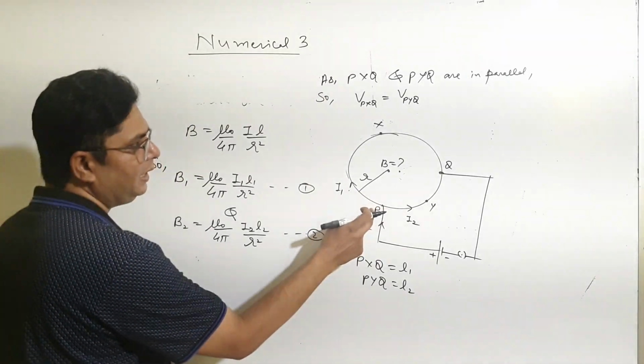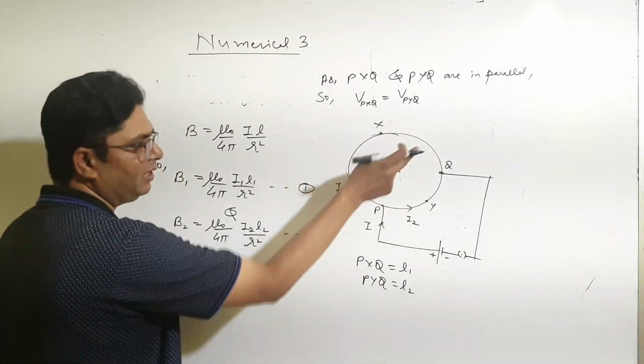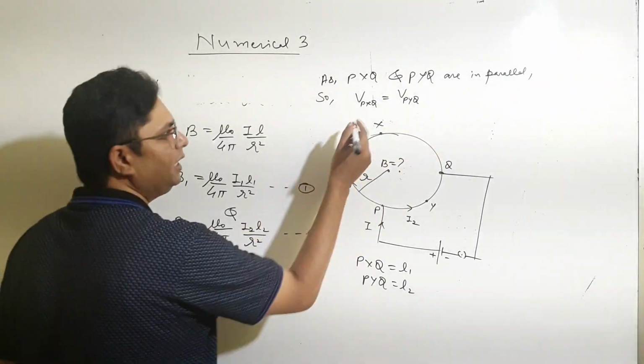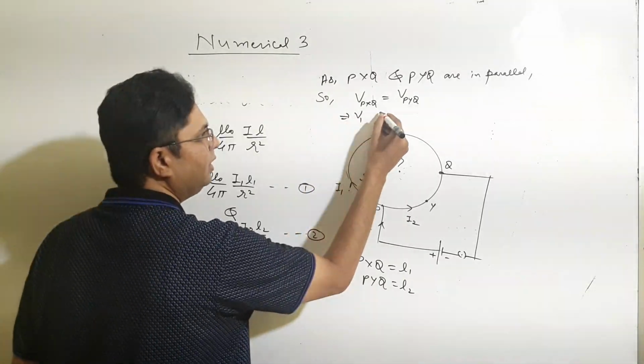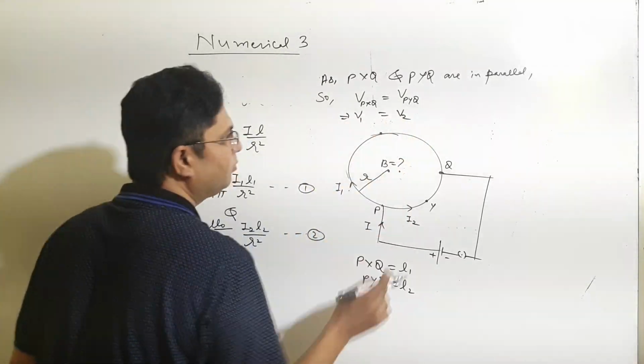Since PXQ has current I1, for simplicity I am writing V1 and this is V2 voltage.